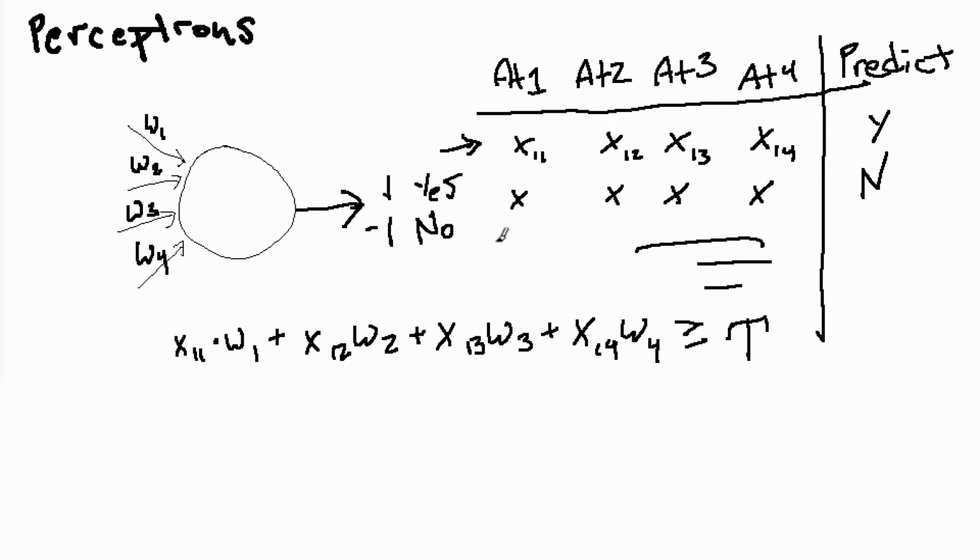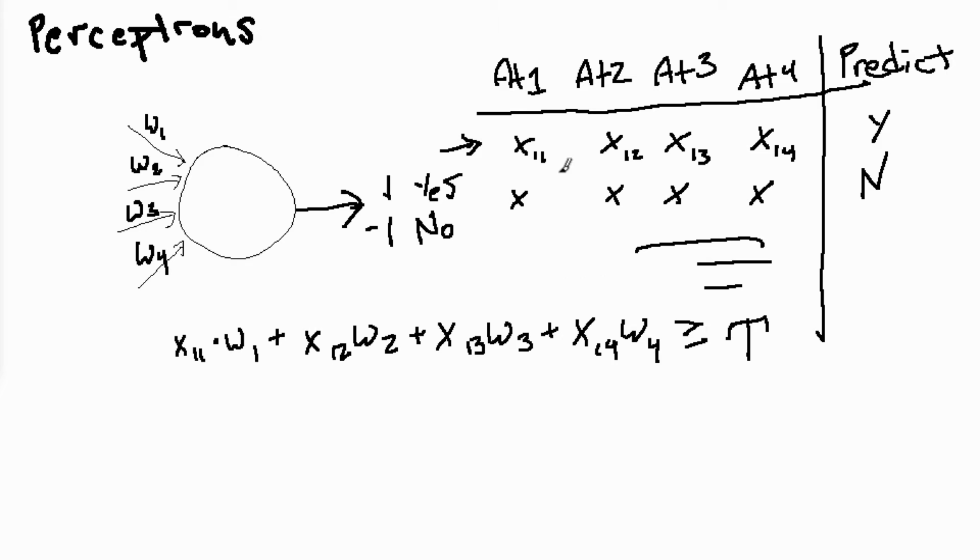Remember the way that this works is we put a particular example on the network, and we see if it outputs a 1 or a -1, and then we see if that agrees with the predicted value. If it agrees with the predicted value, we don't do anything to the weights or the threshold. If it doesn't agree, then we adjust all of the weights, and also adjust the threshold, and we move on to the next example.